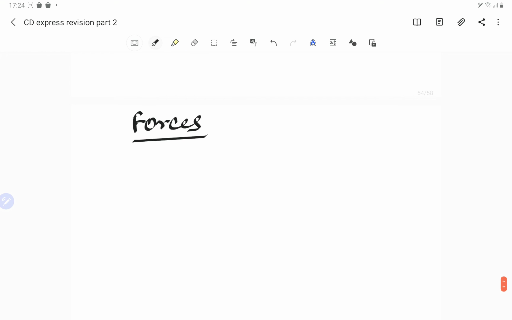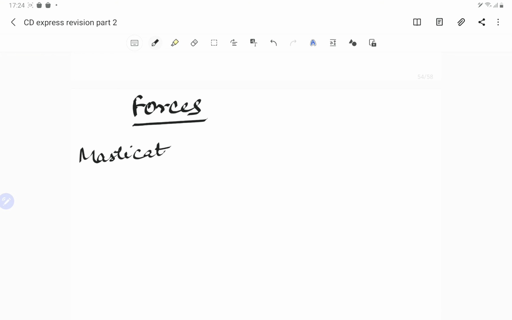Next comes the forces. So the forces of the jaw, what is the masticatory load? Or we can say the biting forces, right? For natural teeth, we know that natural teeth can take up more load.